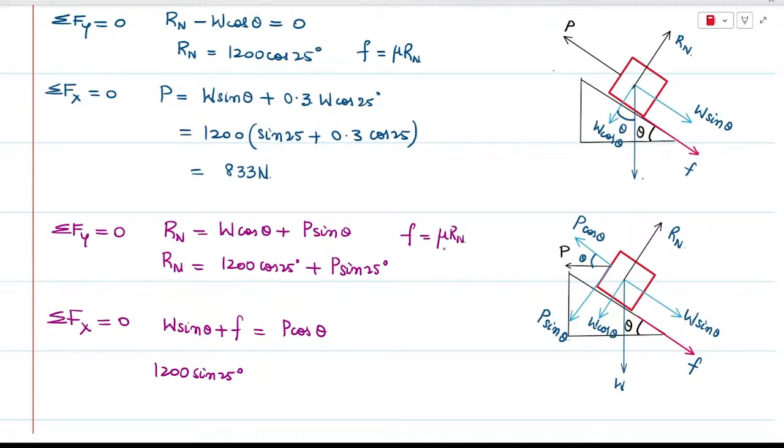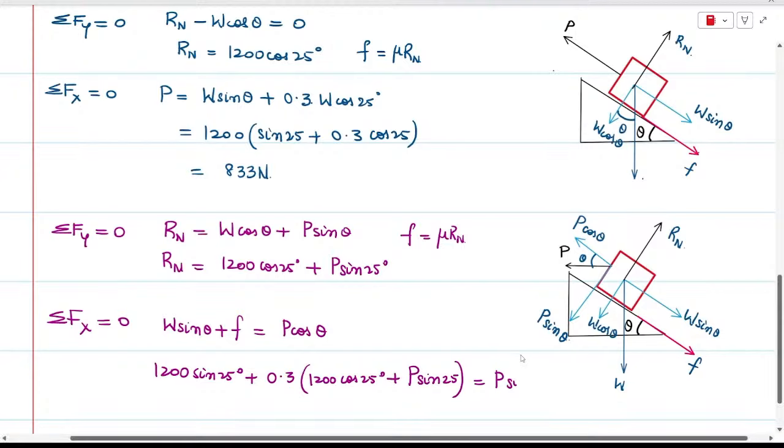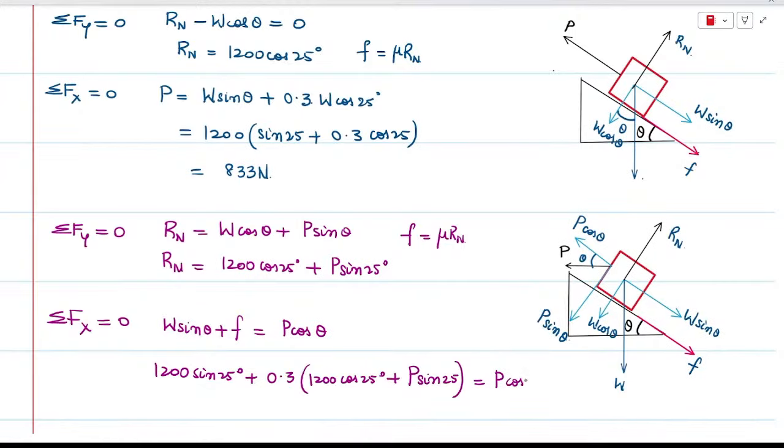So friction force here is mu times of Rn, and instead of Rn we can write the entire force, that is mu is 0.3 into Rn, which is 1200 cos 25 plus P sine 25, and this is equal to P cosine 25.